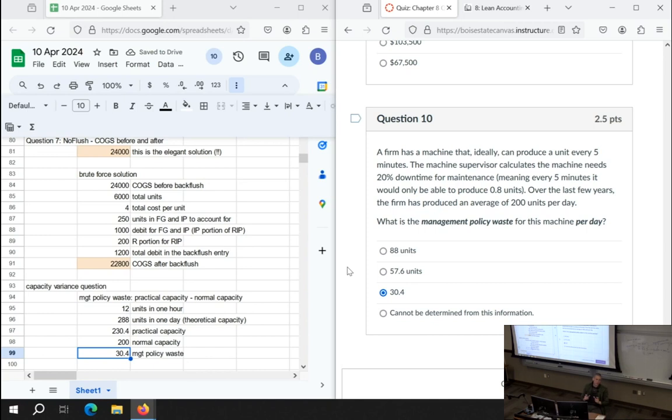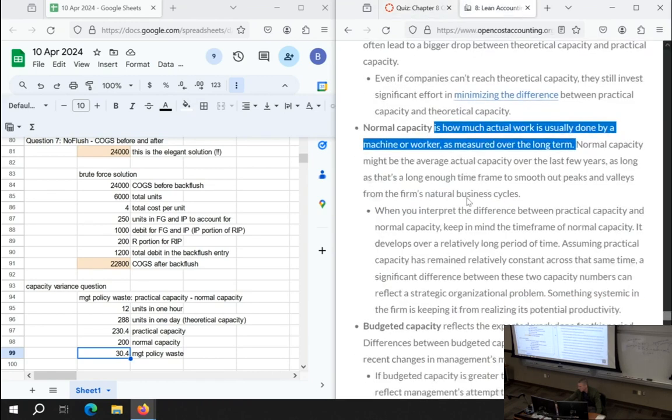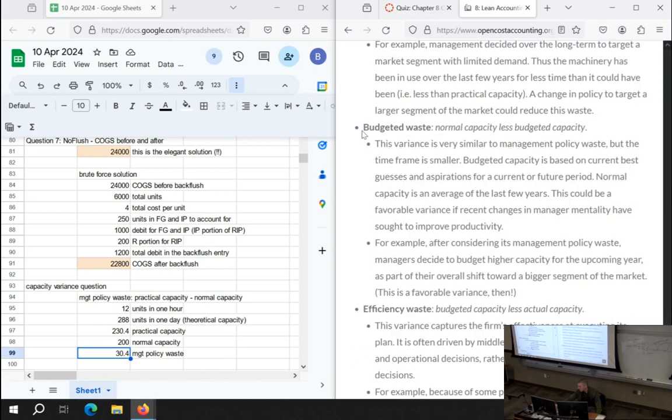There are a few that are going to try and trick you really badly because they give you the information to calculate a different variance than it's asking. So a different version of this question might give you all this information and ask you, what is the budgeted waste per day? And you're like, oh, I can do the calculation. Wait, don't calculate yet.